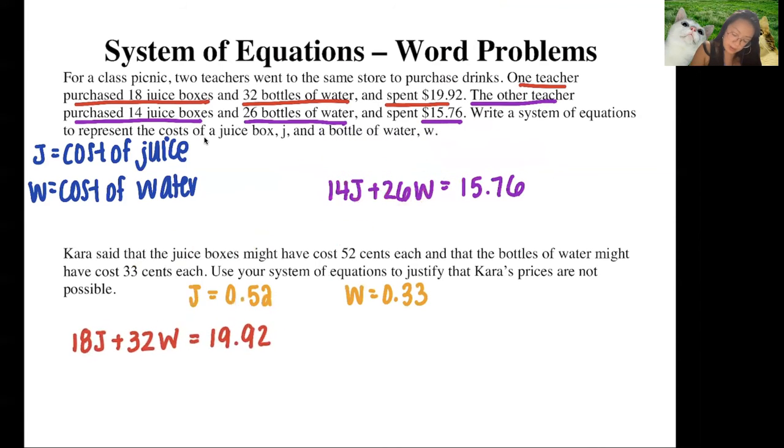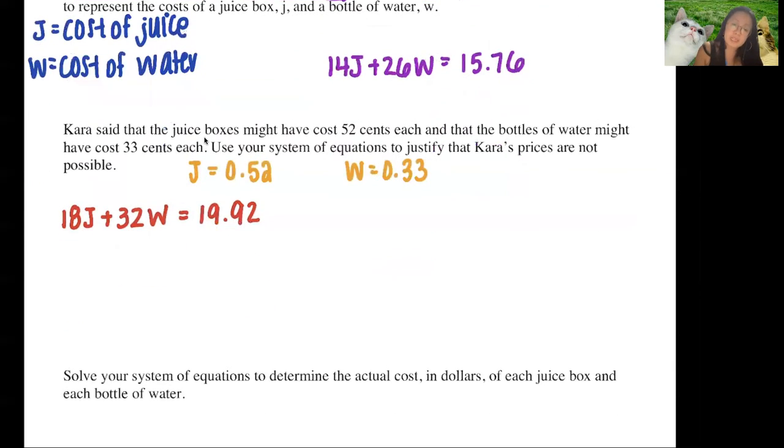So I'm going to take my equations. Let me take this red one first, and I'm going to plug in Kara's numbers. So 18 for juice box, she said that's 52 cents, plus 32 for water, she said that's 33 cents, and that's supposed to equal $19.92.